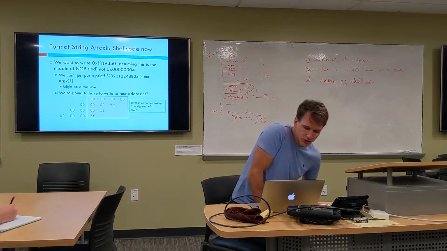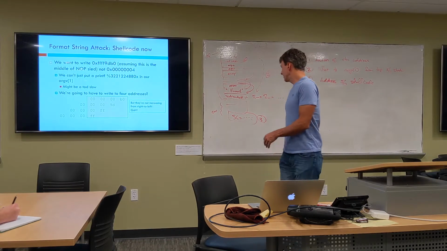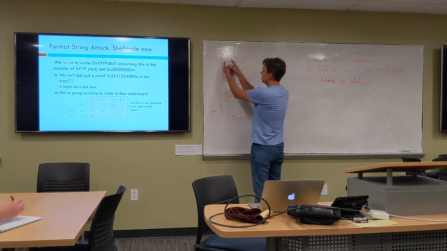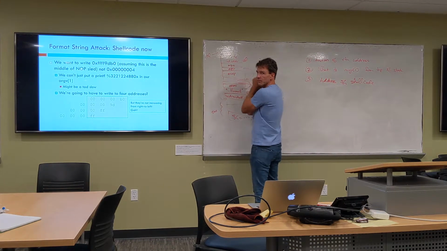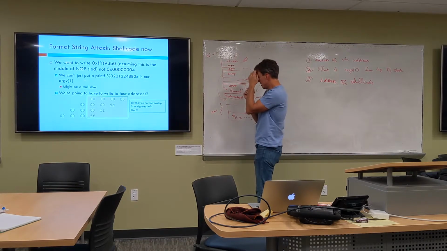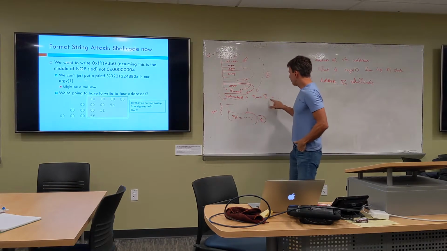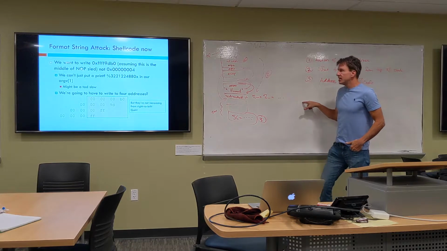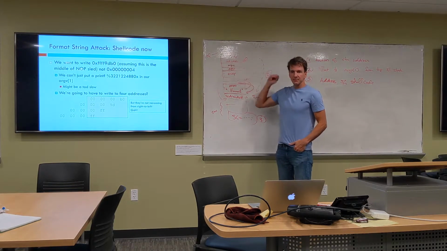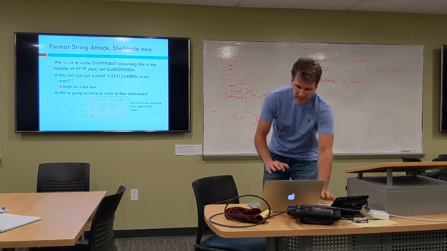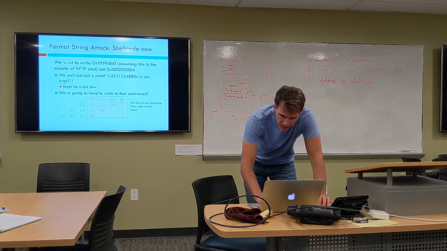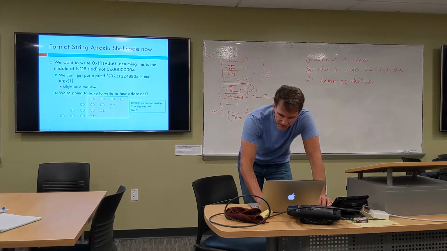So this is 2 writes because I'm going to write 2 bytes of this and then 2 more bytes of this, and I got 4 bytes. But I could, if I wanted to, have 4 different %ns, and I could write a byte at a time. Say I want to write FF FF 9D B0. I could write B0, then 9D, then FF, then FF.